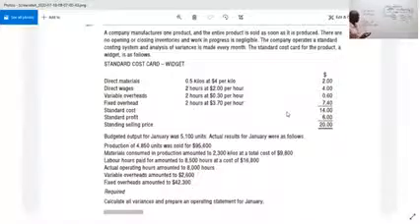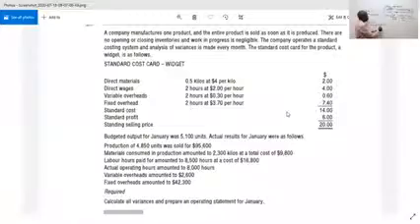The standard selling price is 20. And then we have the actual quantity sold. You can see from the actual information, the actual production was 4850 units.